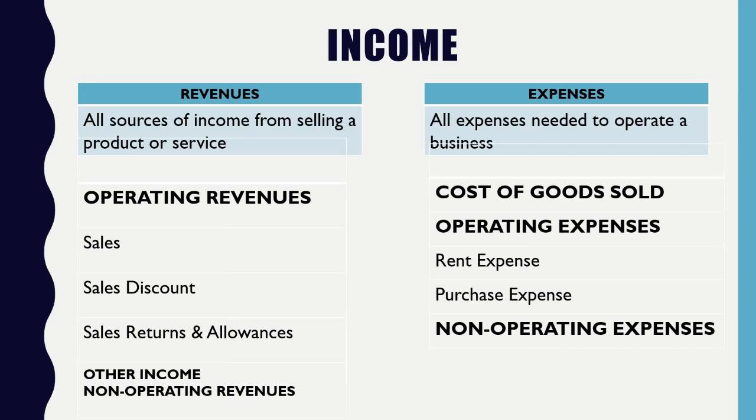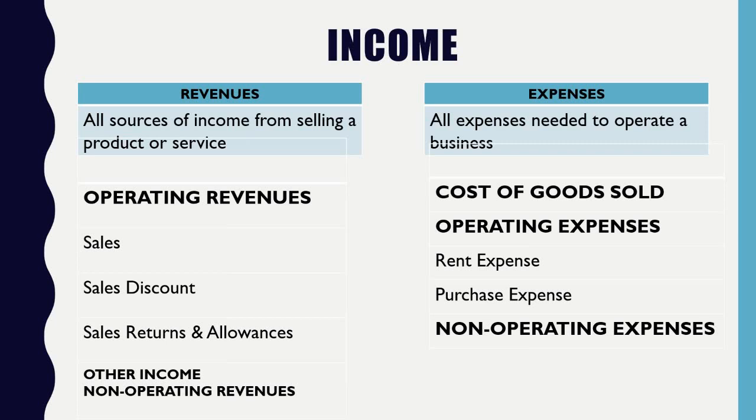In this case, because we are looking at a merchandising type of business, our main reason for generating income is that we are selling products. Whether we sell products or provide services, sales is going to be our main core of operations, and that's our means to generate income.